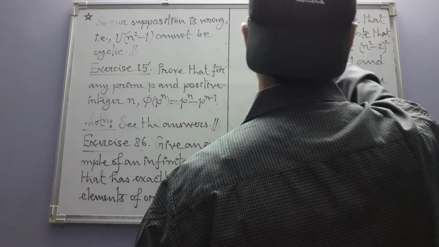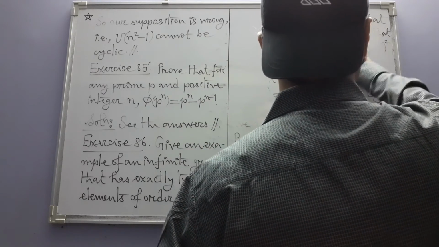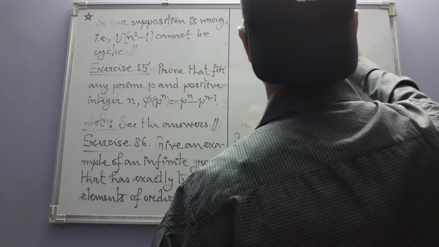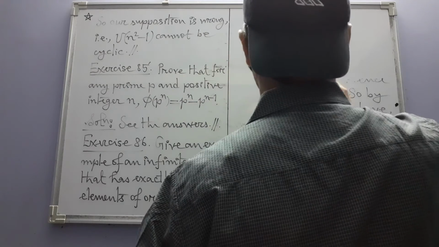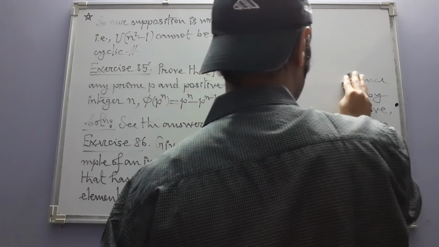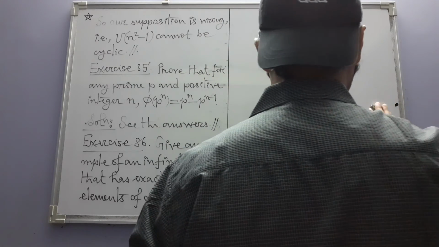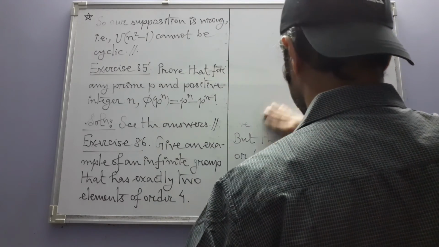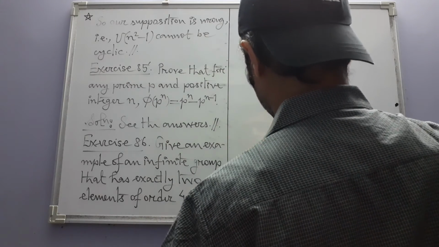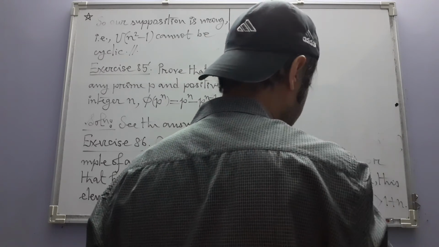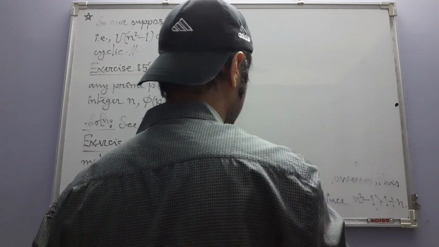In Theorem 4.4, we calculate the number of elements of order d in a cyclic group of order n, but that is a finite group. In this case, the theorem has no use. We have to produce an infinite group in which there are exactly two elements, that too of order 4.